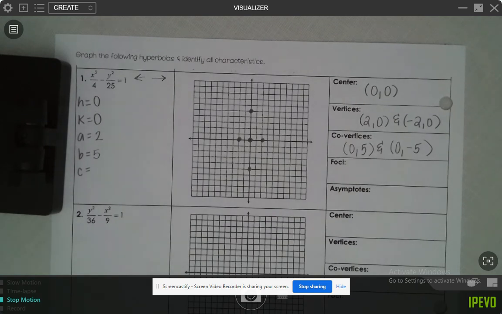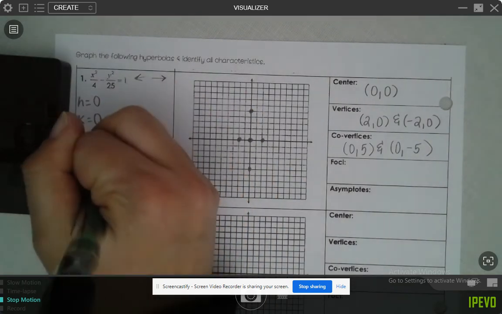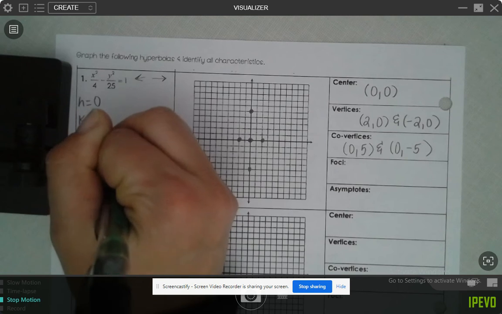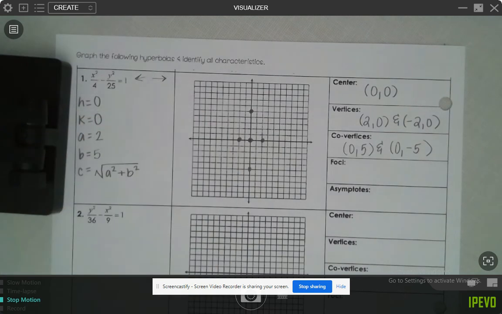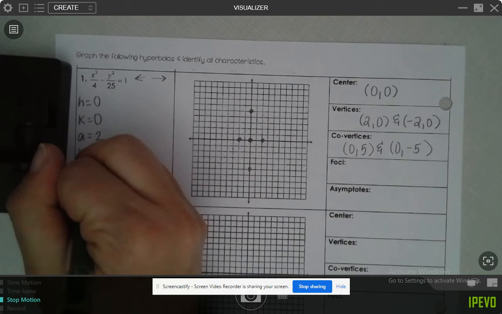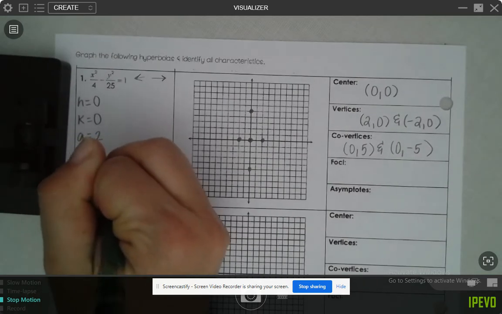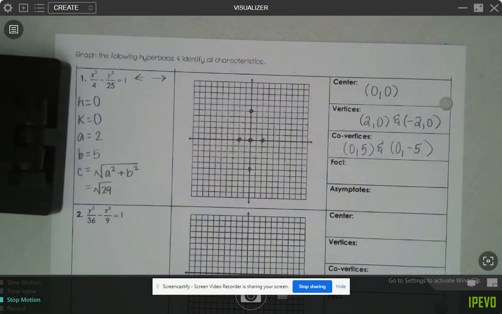How do you find your foci? So C squared is A squared plus B squared. So this is the square root of 29. Which value of my center am I going to add the square root of 29 to?